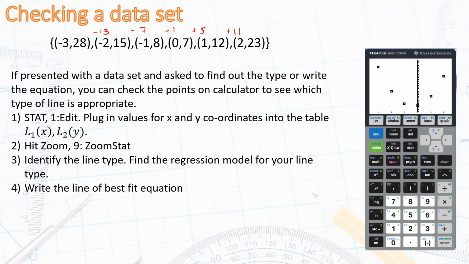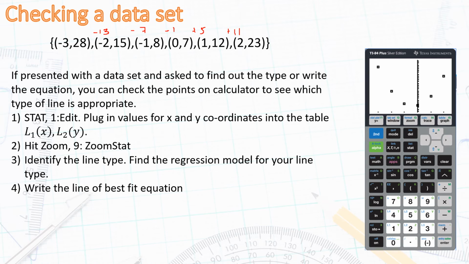And that's a very easy one to identify typically. So calculator, very helpful for doing that. The regression model, so you may be asked for a line of best fit at some point. We'll get to that a little bit later, so I'm going to ignore that one for now. But yeah, put into your calculator in stat, x and y values, and then zoom stat.